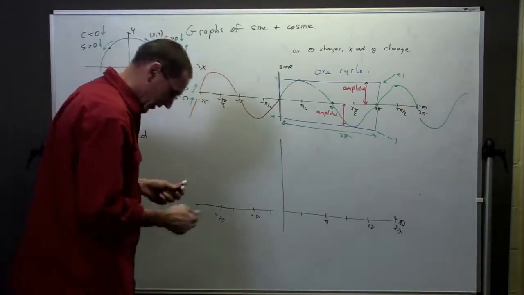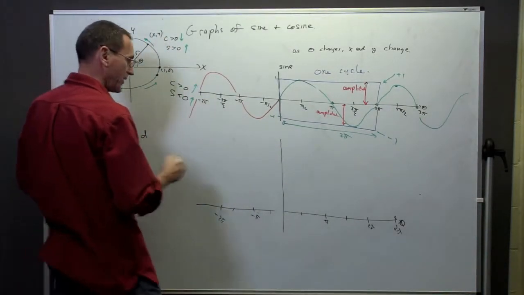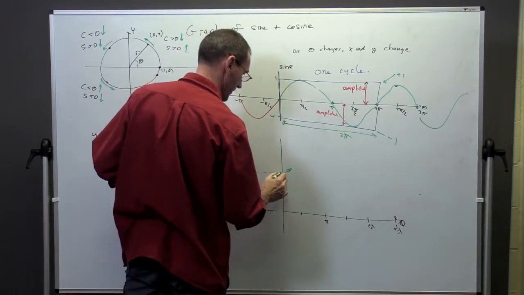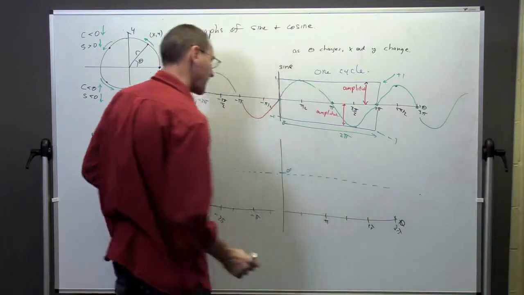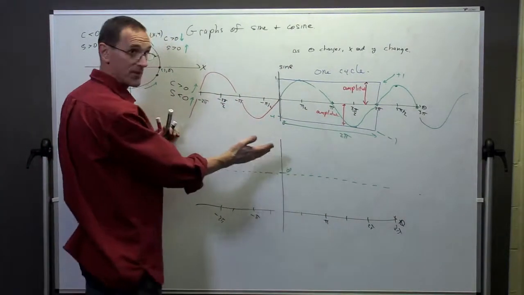Let's just, for kicks, pretend that this d is positive. If that's the case, then this is going to shift everything up, take this whole graph and shift it up some d.